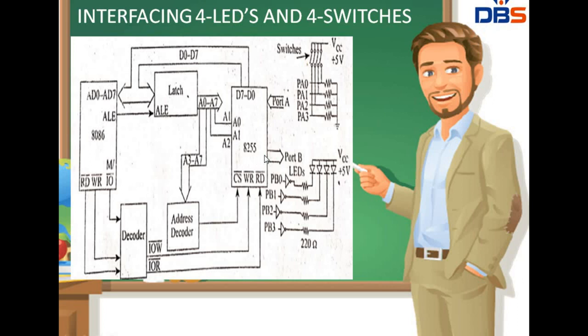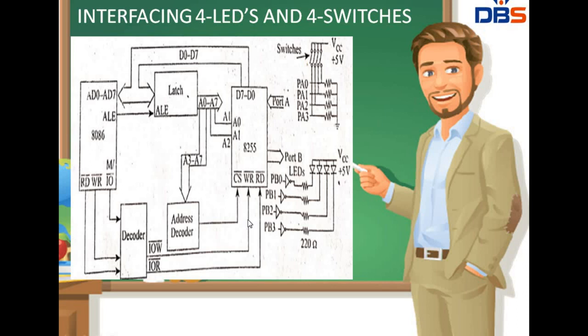Further, the IO read and IO write signals are connected to the read and write pins of the 8255. That means the data transmitted from this decoder is given to the 8255 through these read-write pins.